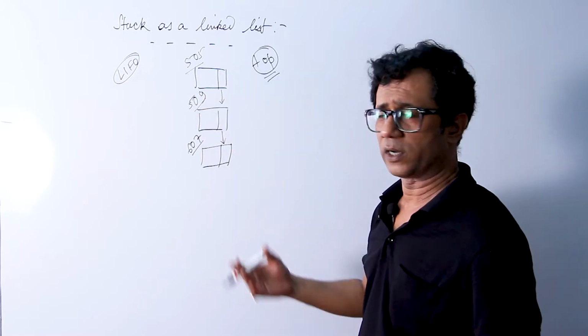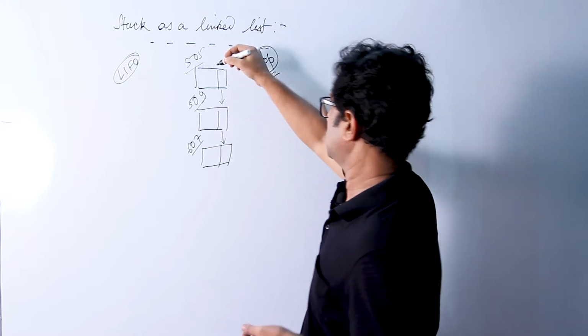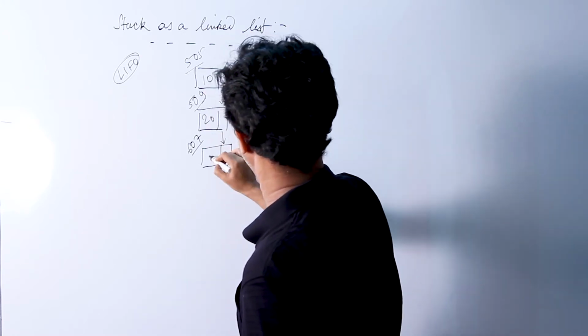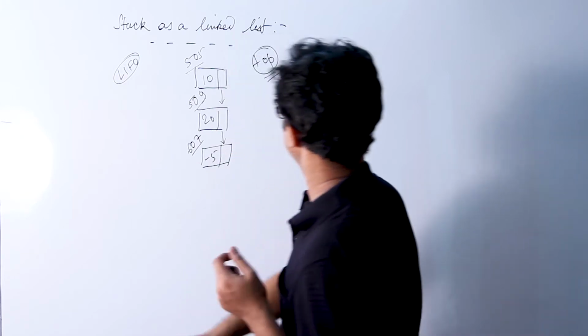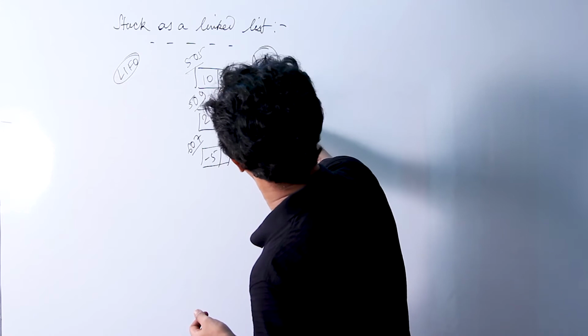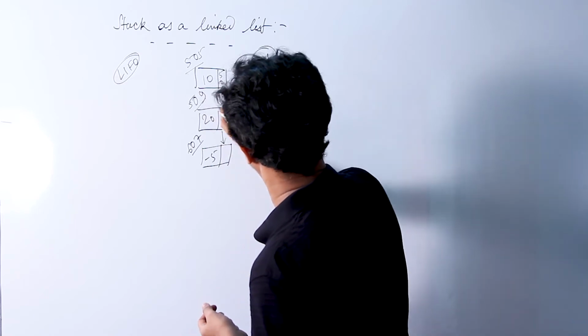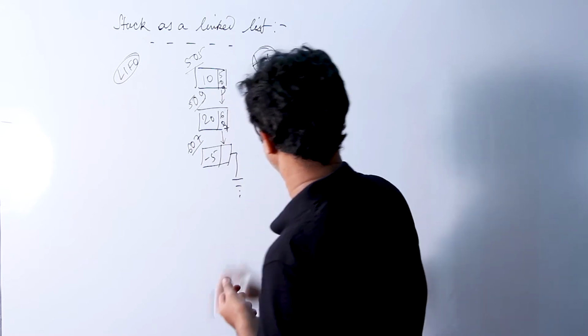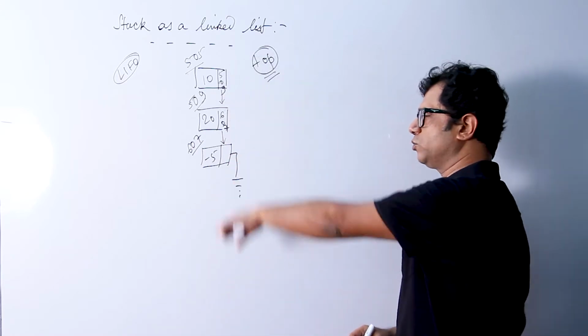Suppose there is a value of 10 here, here is a value of 20, here is a value of -5. This will contain the address 509, this will contain the address 607, and this is the null pointer, that is, it is pointing to nothing.